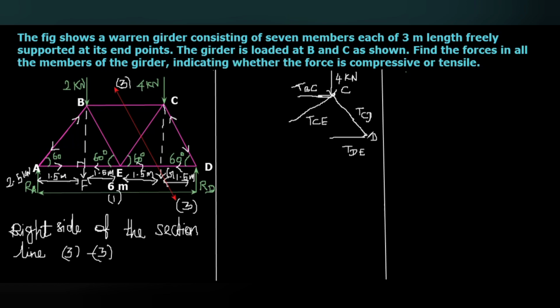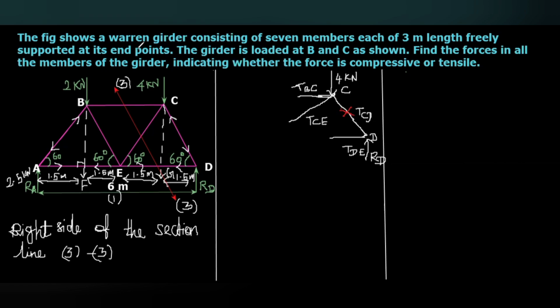And at point D, an upward force RD is acting. So TBC, TCE, TDE, RD, and 4. The CD is the whole member, so that we won't consider as a force.